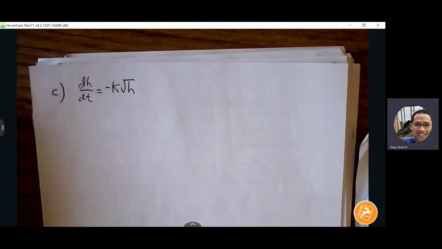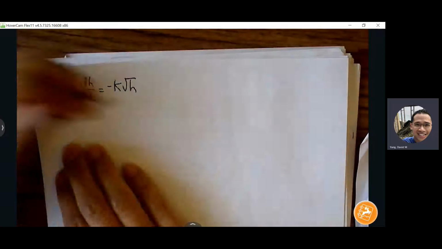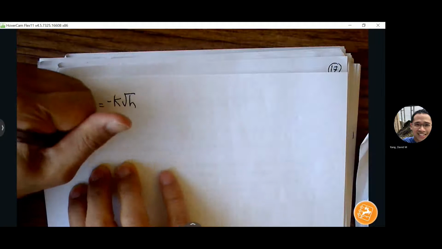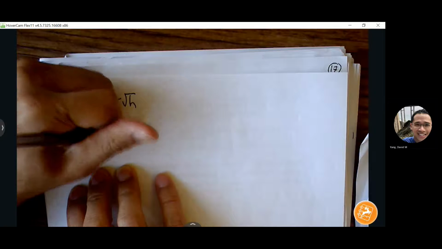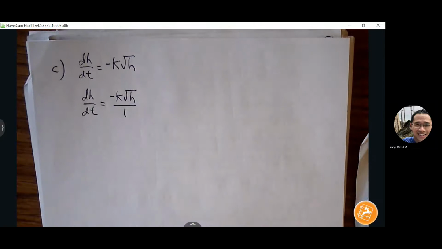Okay, so I like to force that right side to be a fraction so I can see where my cross multiplying is going to occur. Okay, so cross multiply.